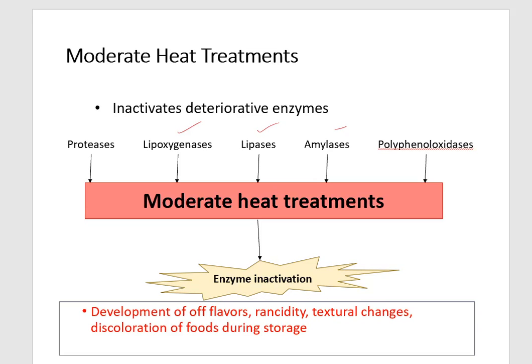So as an example, oil seeds and legumes are rich in lipoxygenase enzyme. And you may want to extract an oil from an oil seed, or you want to extract a protein isolate.